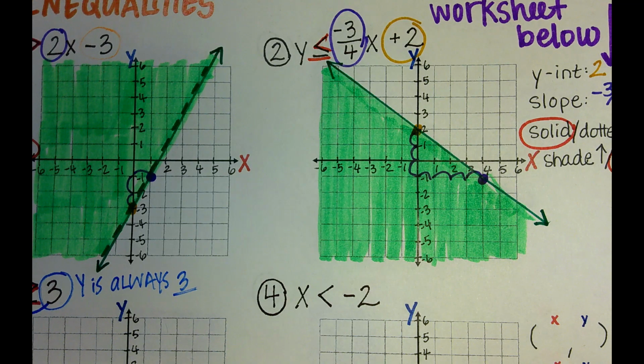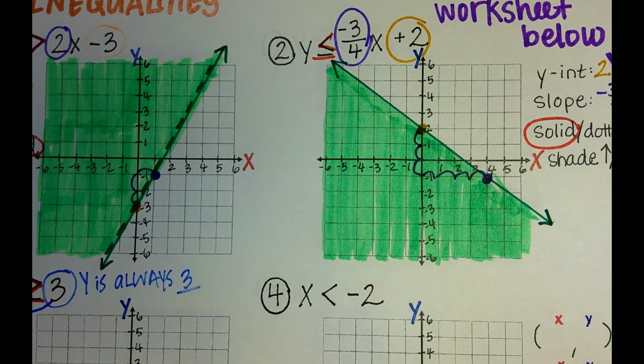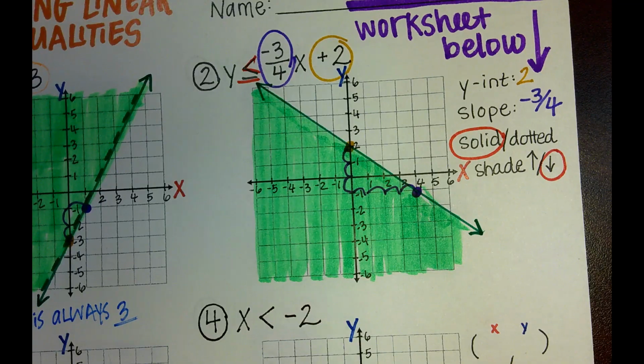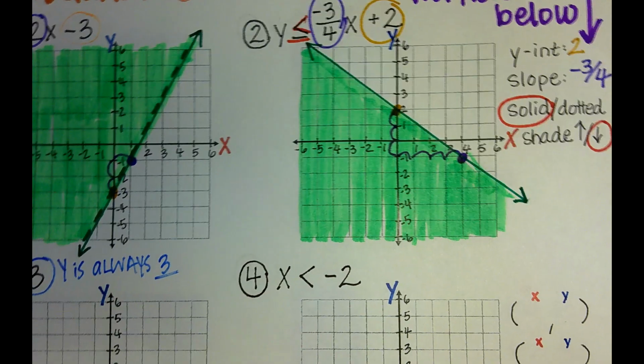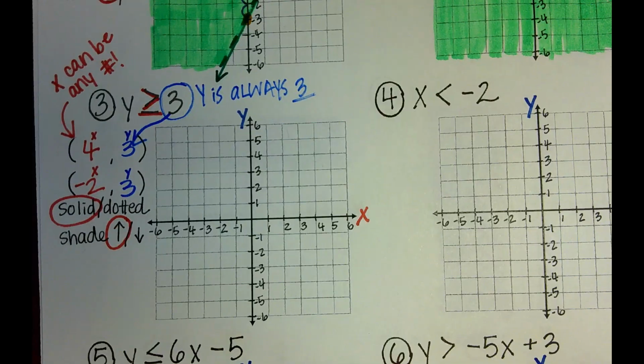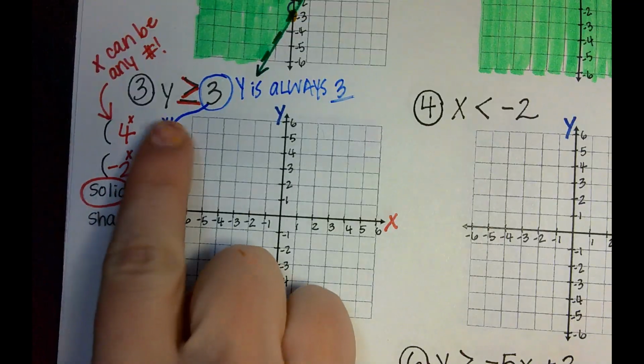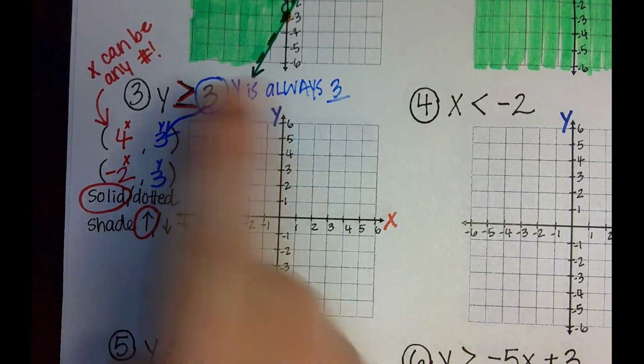All right, now let's look at number 3. Does anybody still need number 2 though? Can I move it or do we need a moment? Okay, I'm gonna go ahead and move it. So, number 3, we have y is greater than or equal to 3.